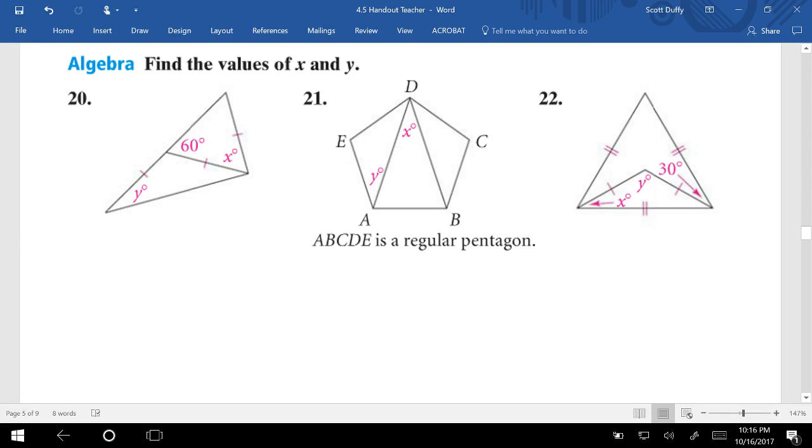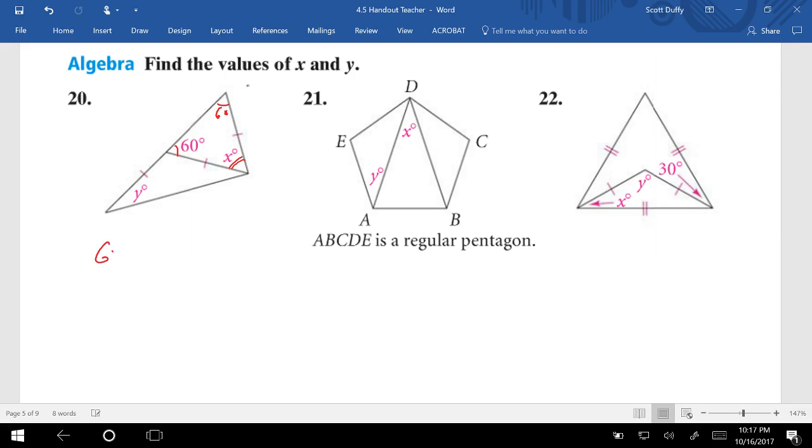Find the values of x and y in each of these. Alright, so right away I see that this triangle is isosceles with these two sides being equal, meaning that this angle has to be equal to this angle. Well, if this one's 60, then this is also 60. And then all three angles have to add up to be 180.